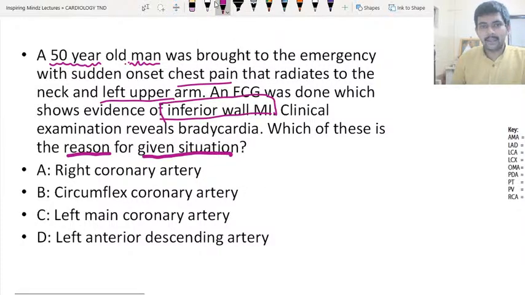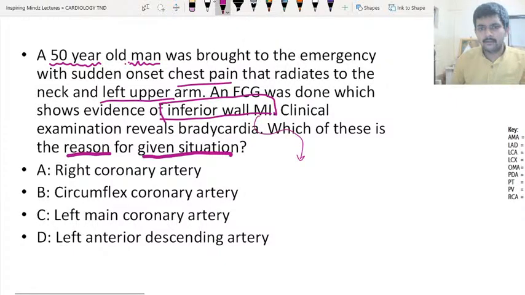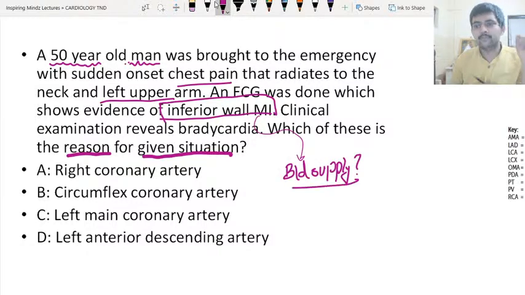If you look at this given figure in this question, you already have the diagnosis that it is an inferior wall MI. So you just need to tell me what is the blood supply of the inferior wall. You just need to know what the blood supply of the inferior wall is, right? So for that, let's quickly discuss the blood supply of the inferior wall, right?